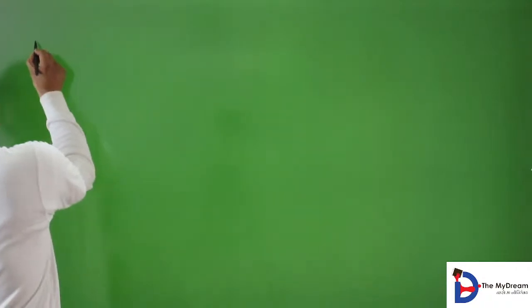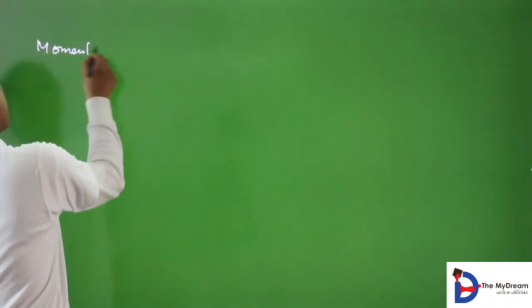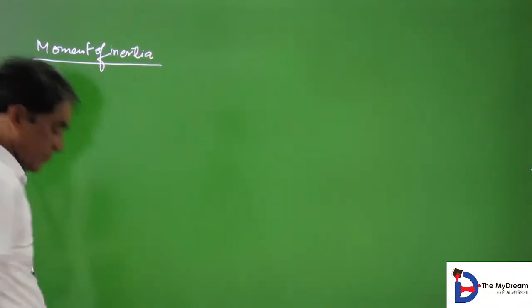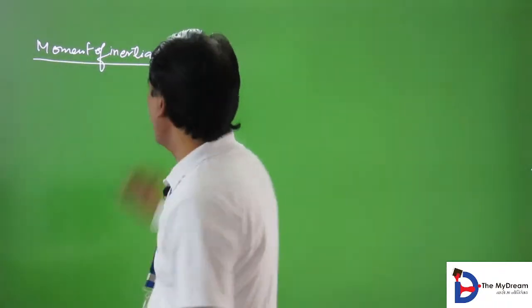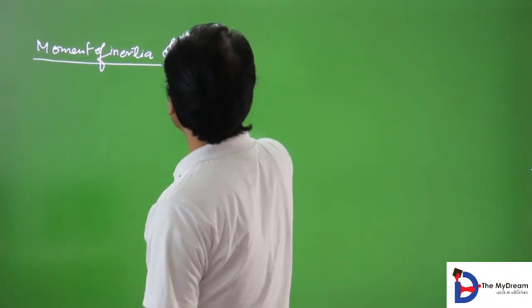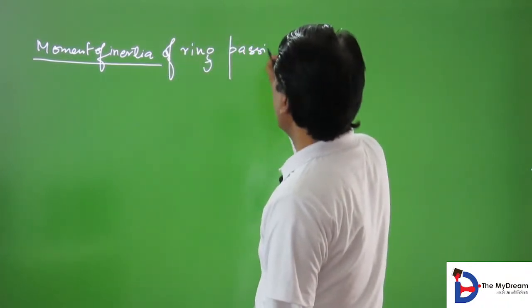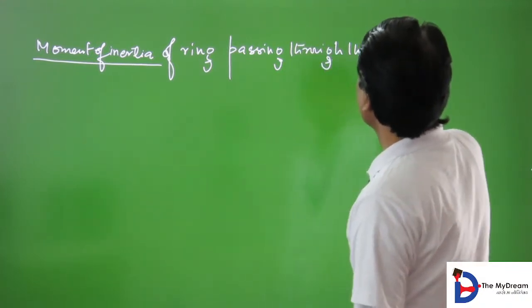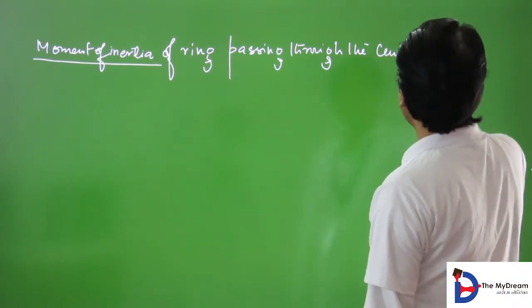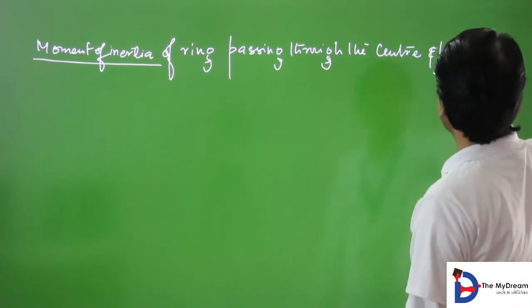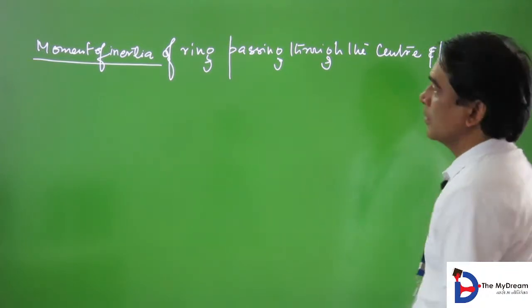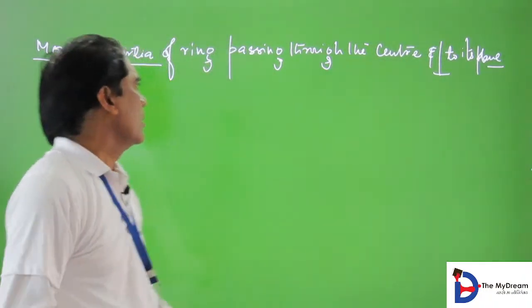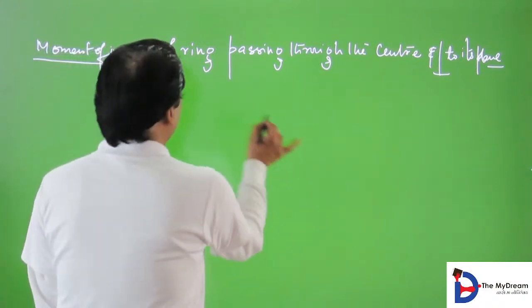Now we are talking about the moment of inertia of a uniform ring passing through the center and perpendicular to its plane.